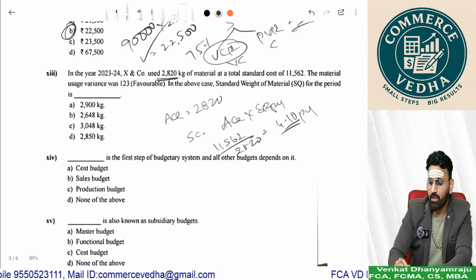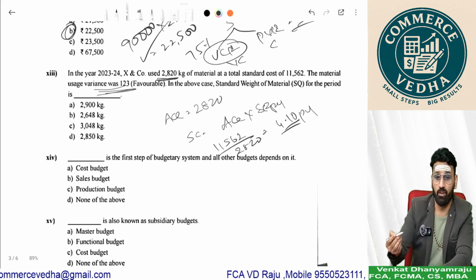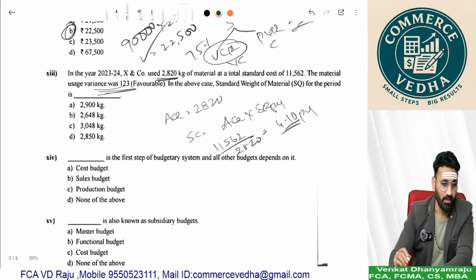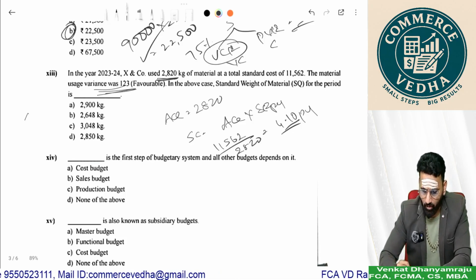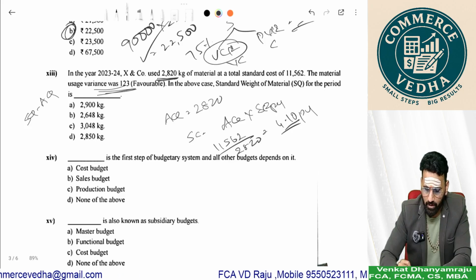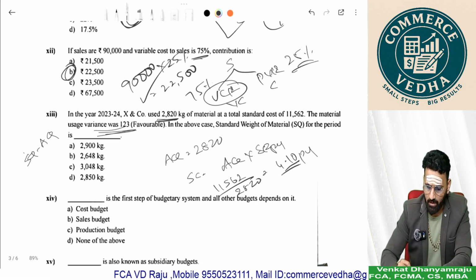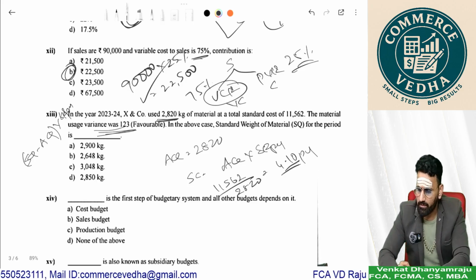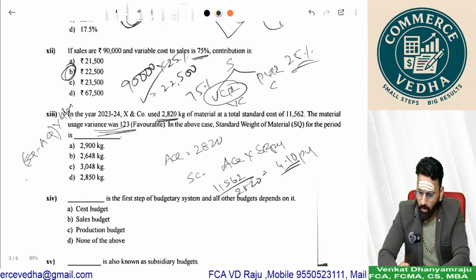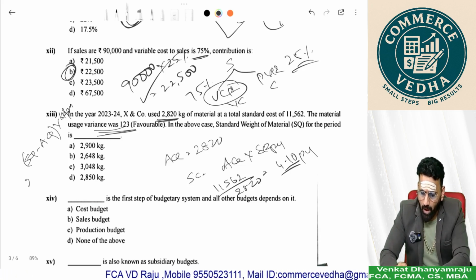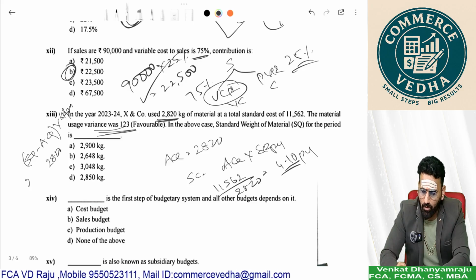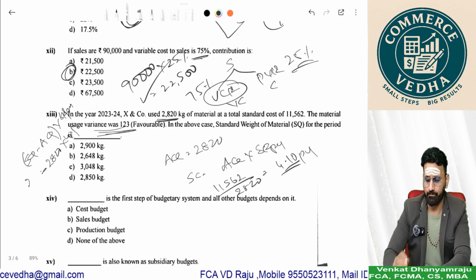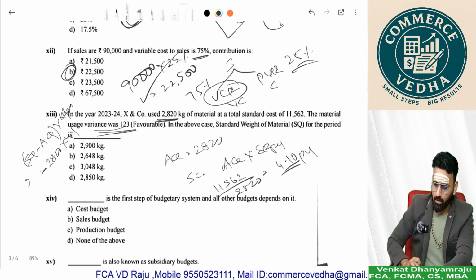Now the material usage variance, the quantity variance is favorable. Quantity variance favorable means what? Actual quantity is less than standard quantity. So the formula is standard quantity minus actual quantity into standard rate per unit. We know actual quantity is 2820.